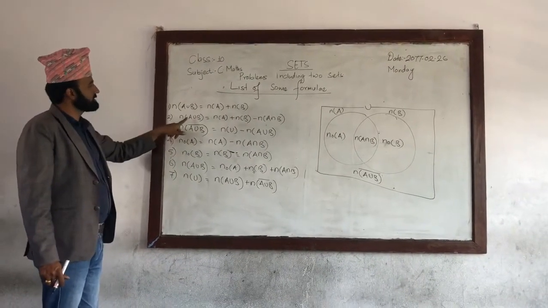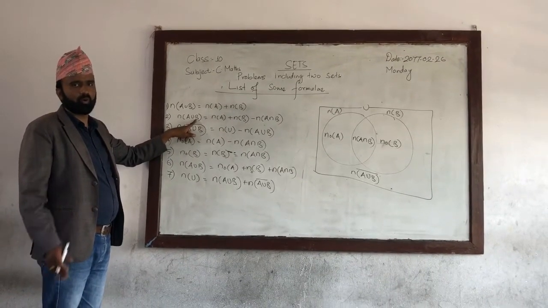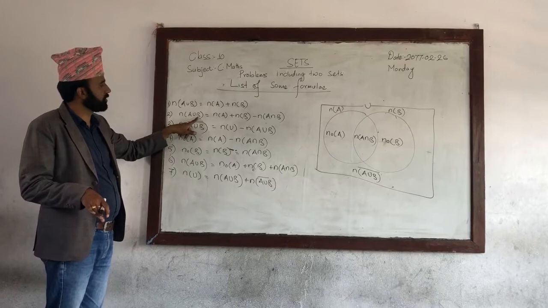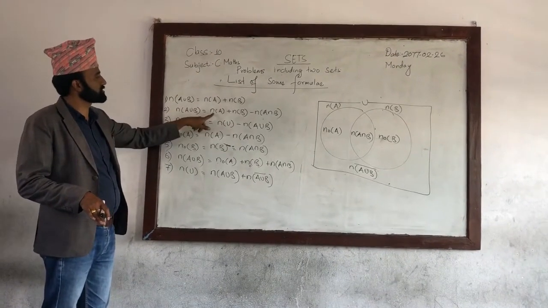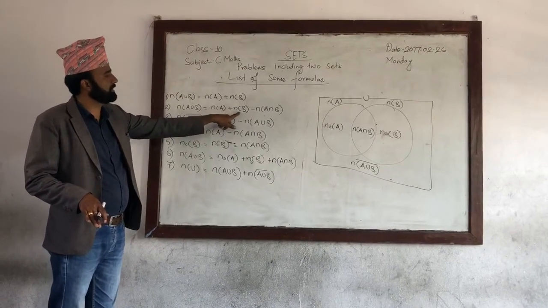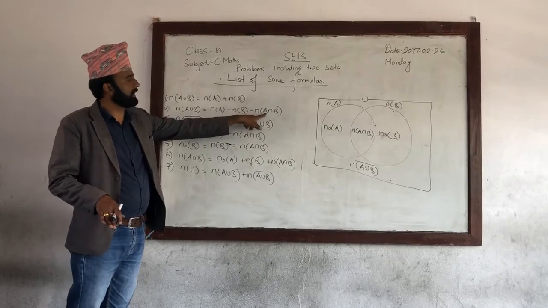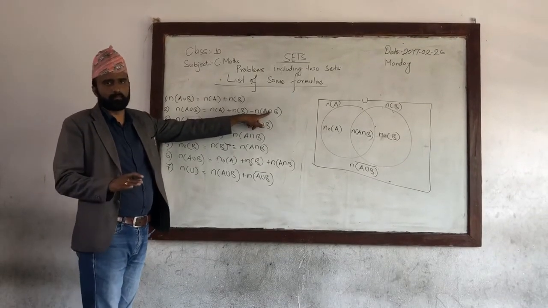If set A and set B are overlapping, n(A union B) equals n(A) plus n(B) minus n(A intersection B), as I taught already.